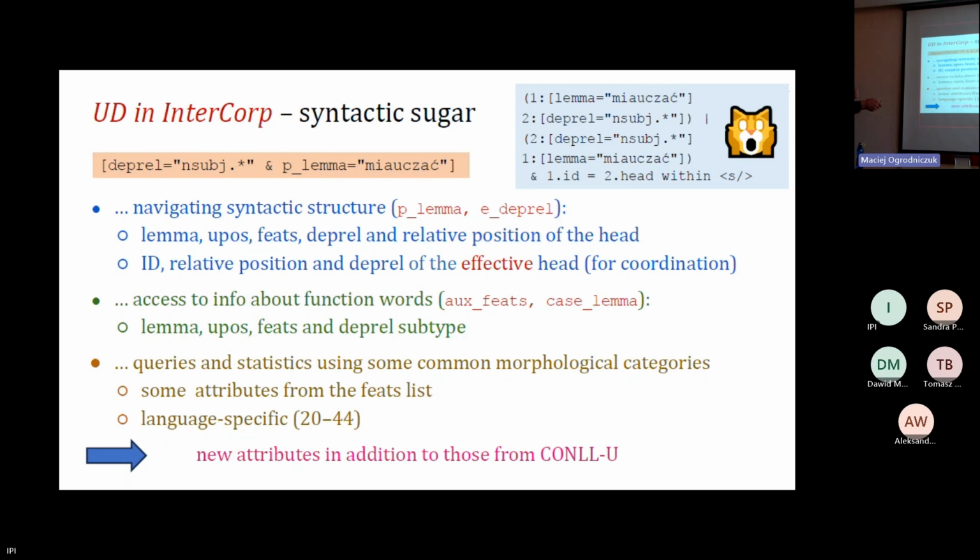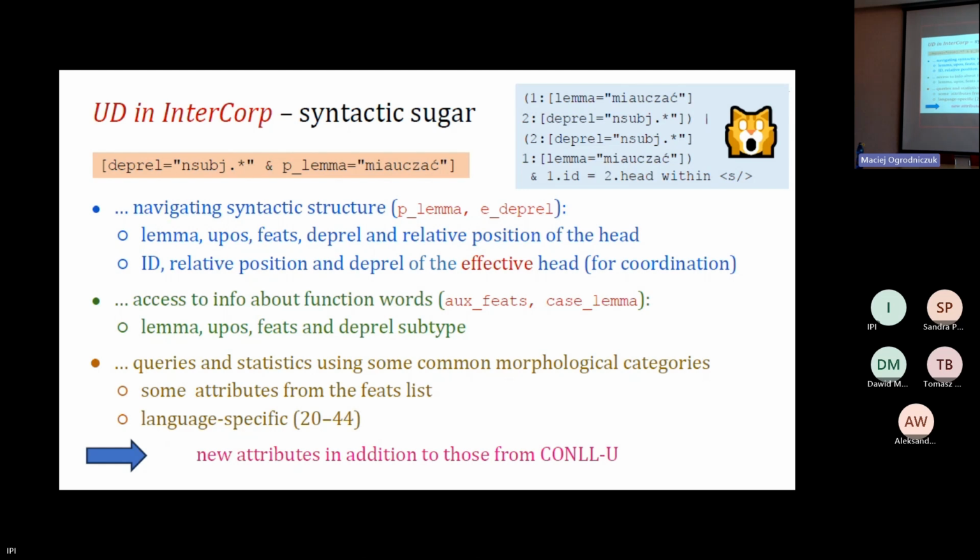So you would have this disjunction in the search. And also, you would have to make sure that one is the head and one is the daughter. This is what you would have to do if you didn't add anything to the annotation on top of what you already get from UDPipe.